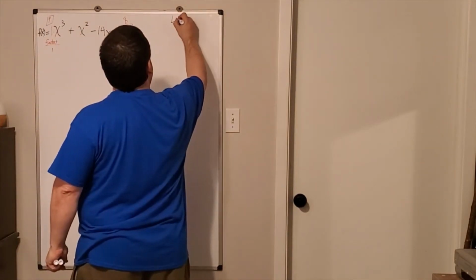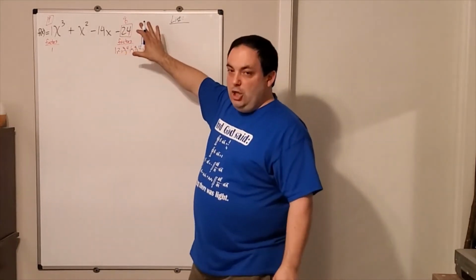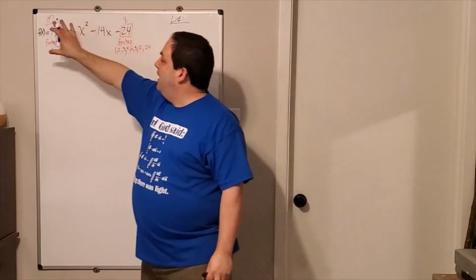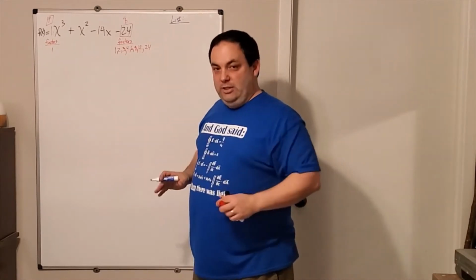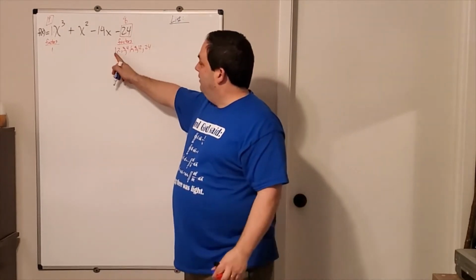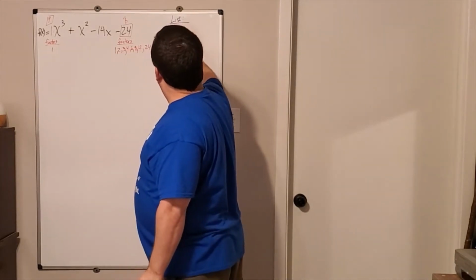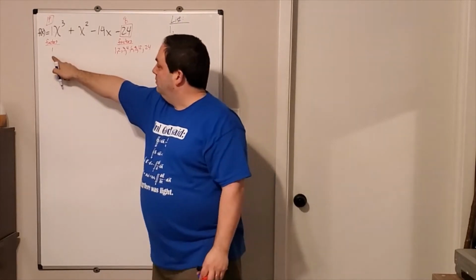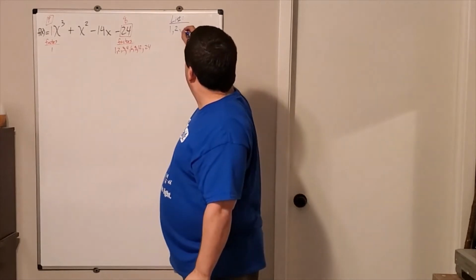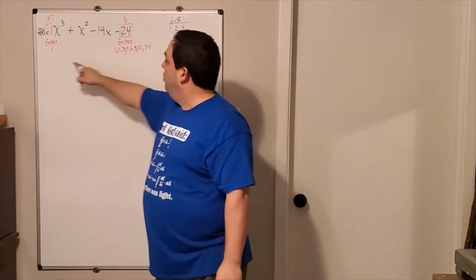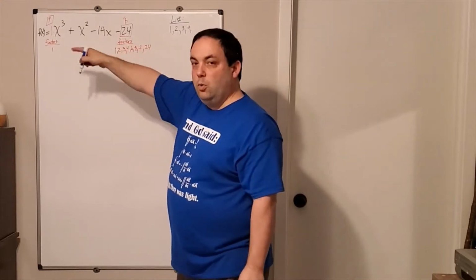Okay? So here's my list though. Here's my list. I'm going to take the factors of Q and divide them by the factors of P. Okay? All of the combinations that come from that. So we have 1 over 1. That's 1. 2 over 1. 3 over 1. 4 over 1. 6 over 1. 8 over 1. 12 over 1.